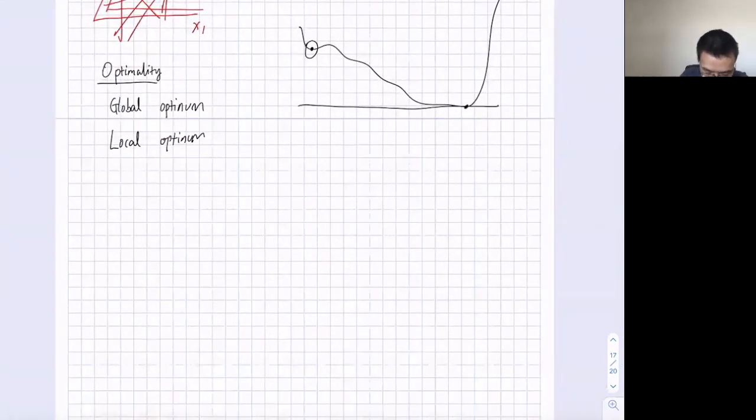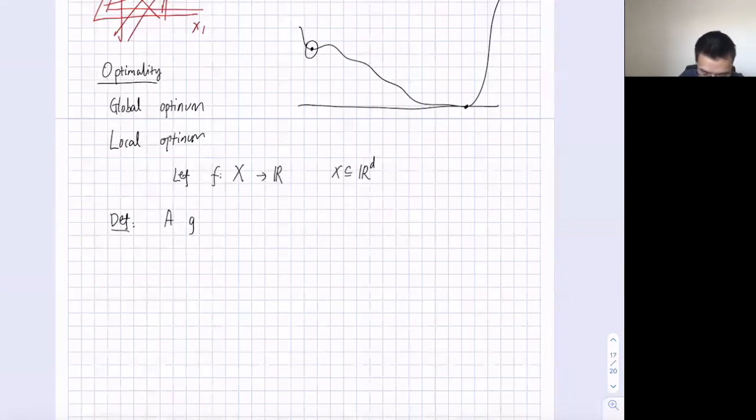So, definition. Let f be a real function whose domain, let's say X, is a subset of R^d.